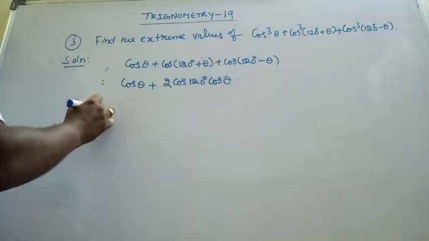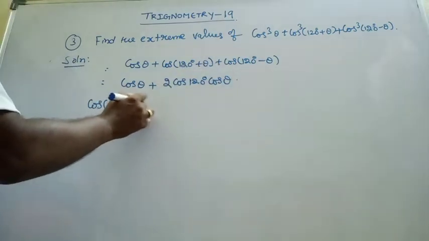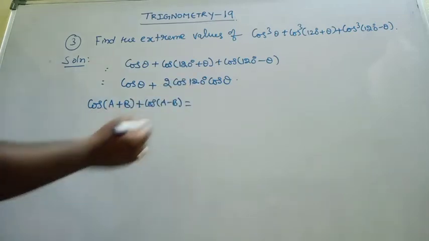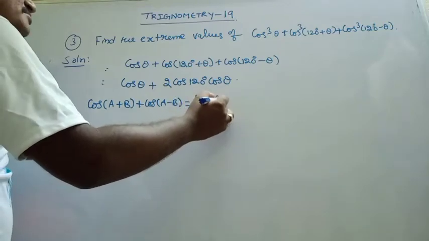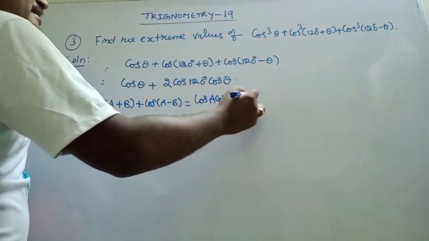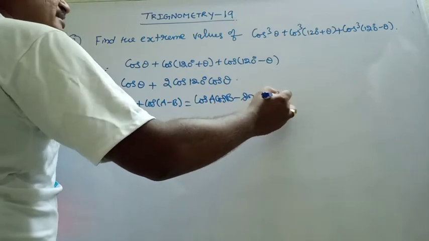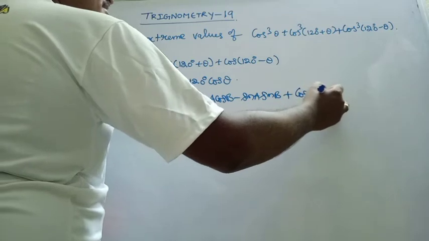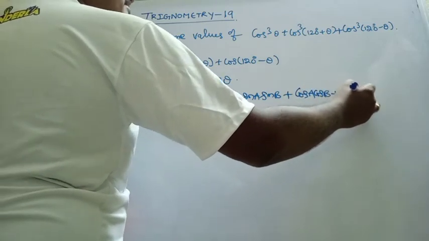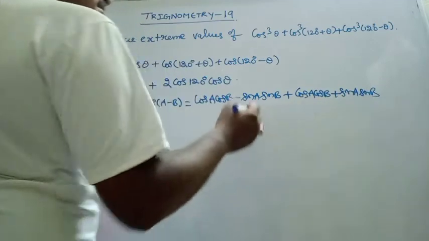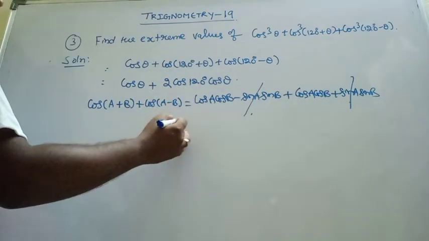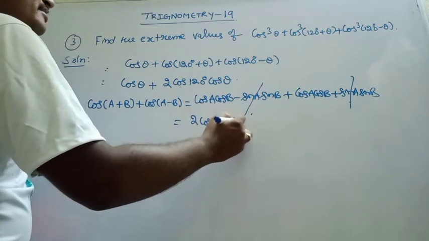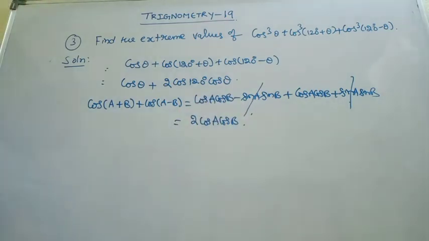I already told you the formula: if you add cos(a + b) and cos(a − b), cos(a + b) is cos a cos b minus sin a sin b, plus cos(a − b), which is cos a cos b plus sin a sin b. The sin a sin b terms cancel, and you are going to get 2 cos a cos b.